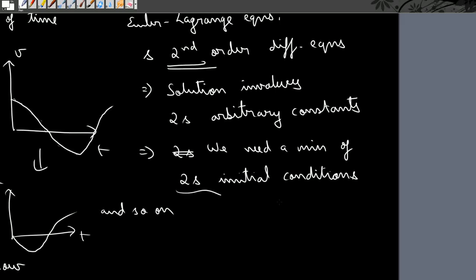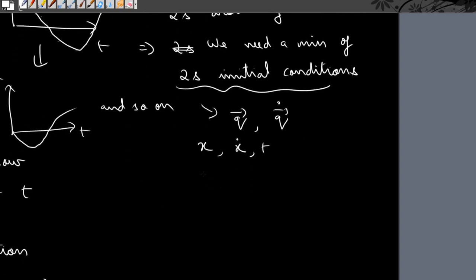So these 2s initial conditions can be the initial set of generalized coordinates and the initial set of velocities, for example. So if you consider motion of the particle in 1D, then we will just be talking about the x coordinate, the x velocity and time. So here the value of s is 1.